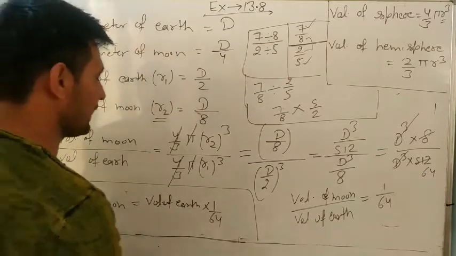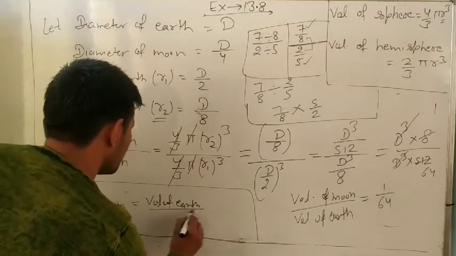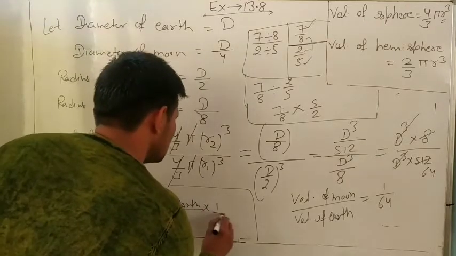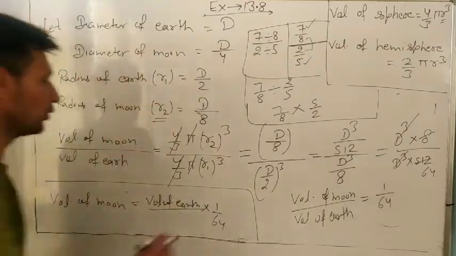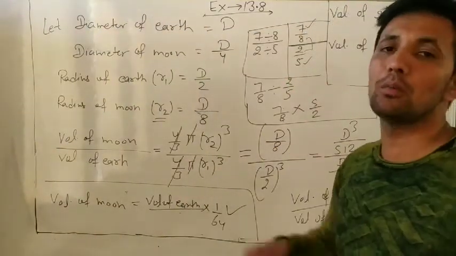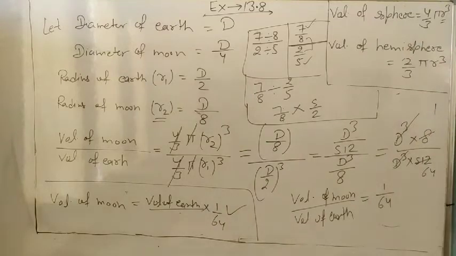Volume of earth into 1, any number 1. So the volume of moon is 1 upon 64th times the volume of earth. It is our answer. Understand or not?